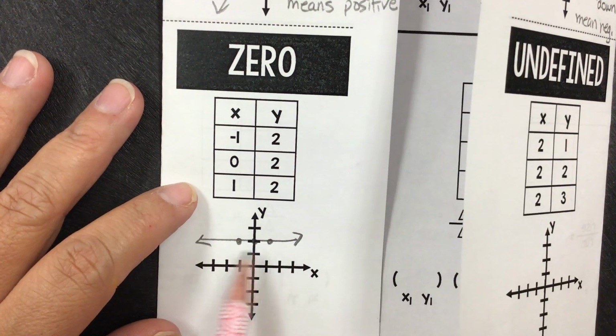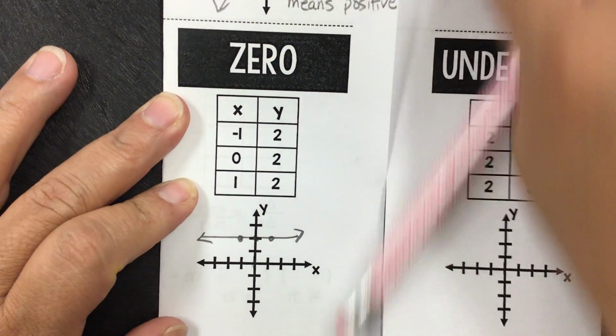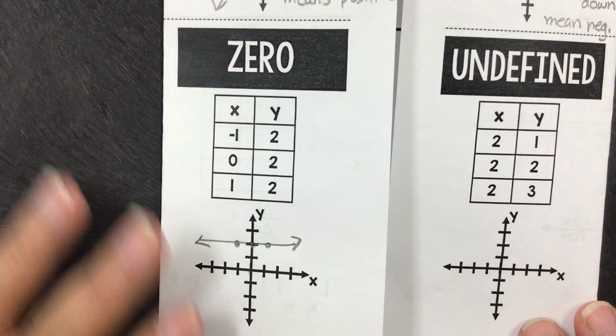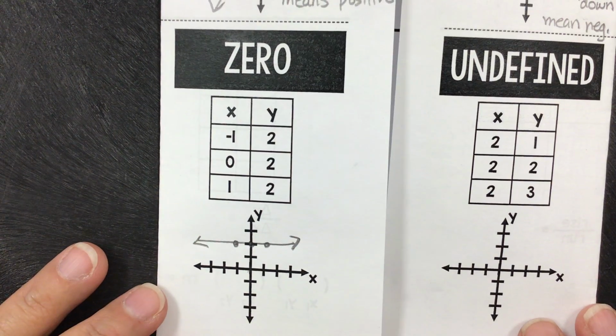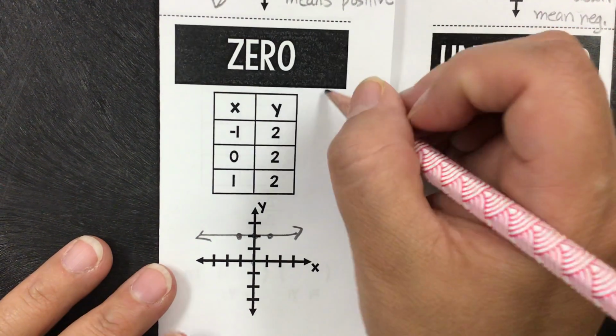So this is a horizontal line. We will talk about how the equation looks later, but we just need to know how it has the movement. Let's first do the change of y over the change of x.